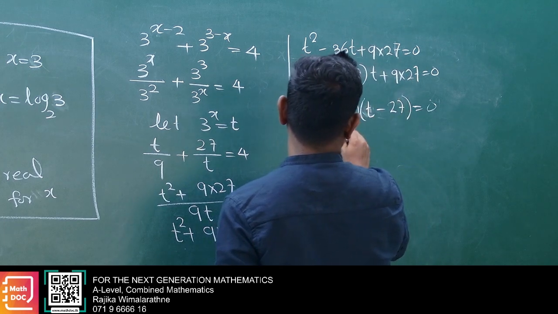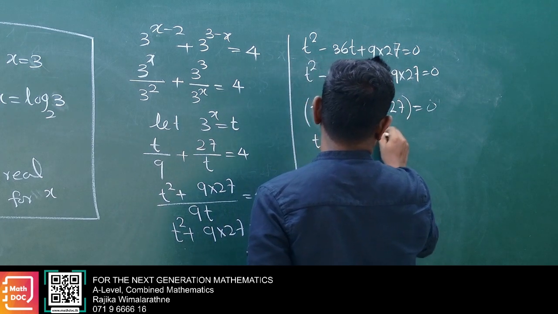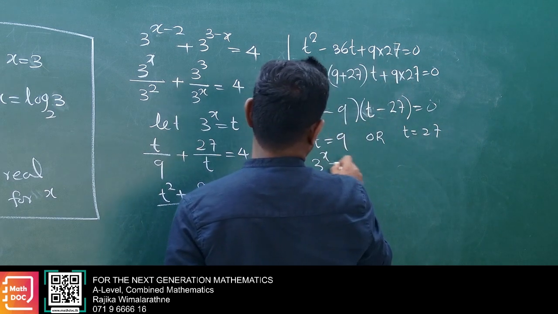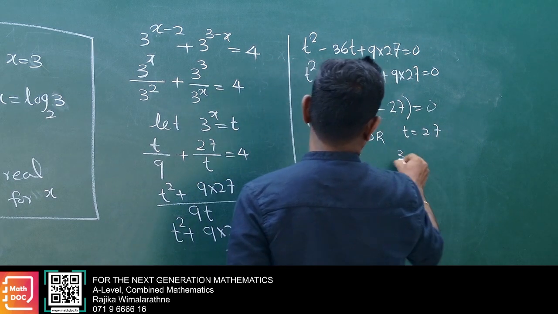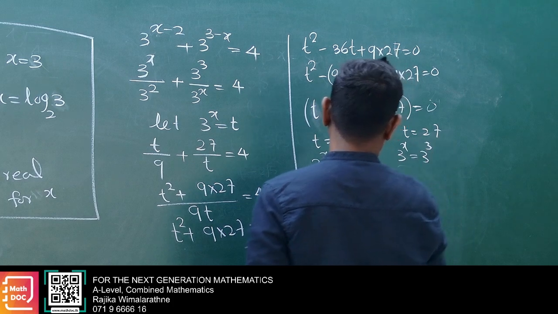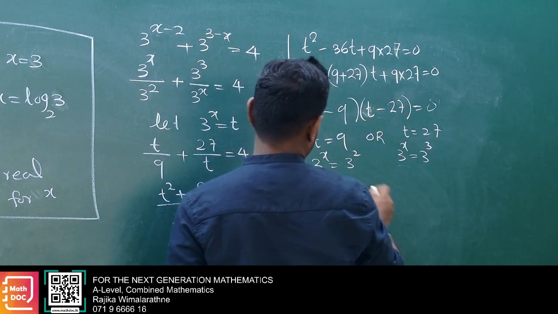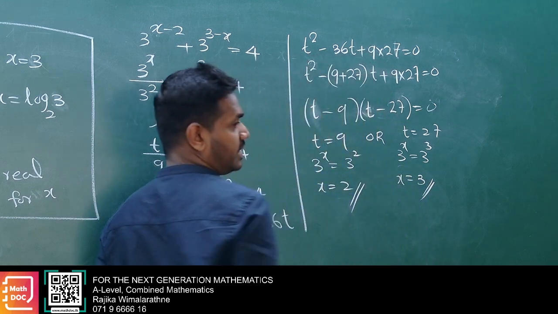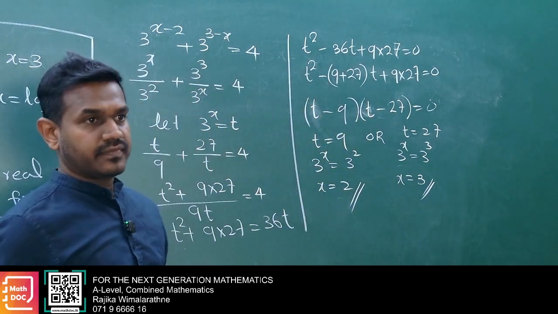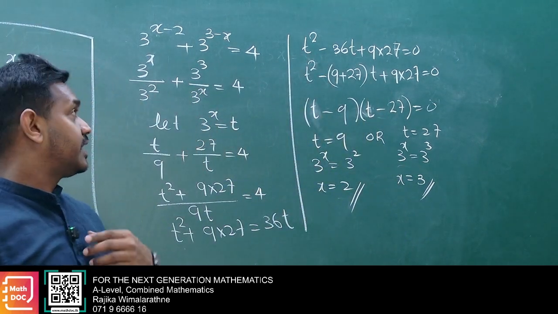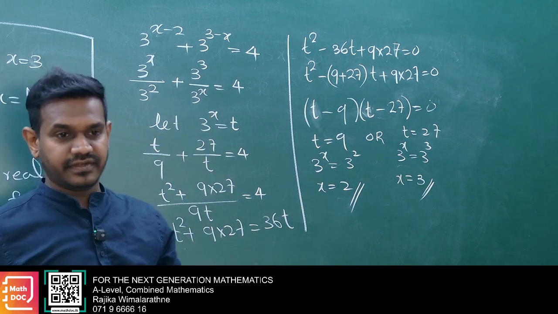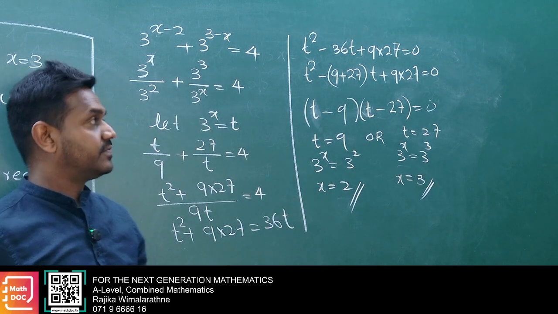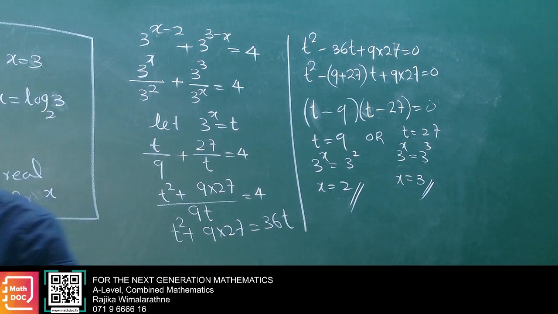Therefore t equals 9 or t equals 27. t means 3 to the power x, 9 means 3 square, and 27 means 3 to the power 3. Equate indices: x equals 2, x equals 3. Like that we do. First you use substitution, then convert into a quadratic, then factorize and go for the answer.